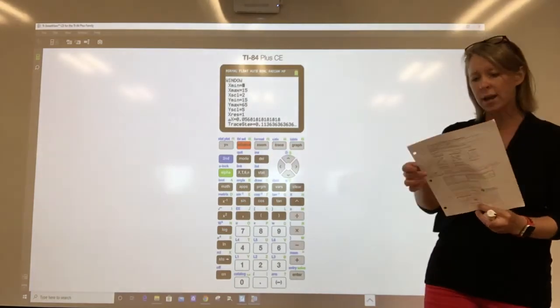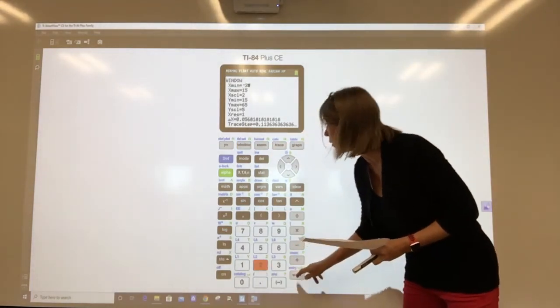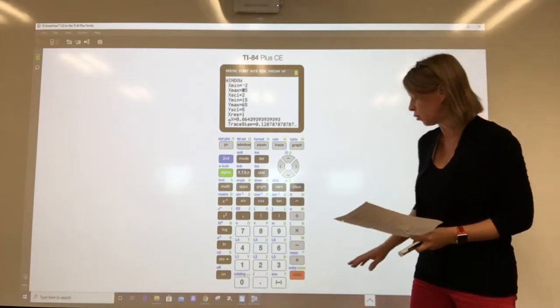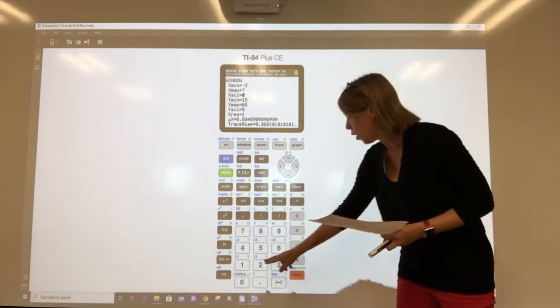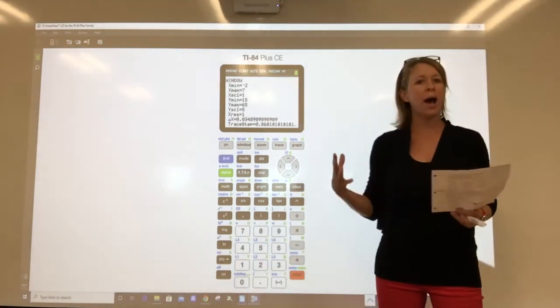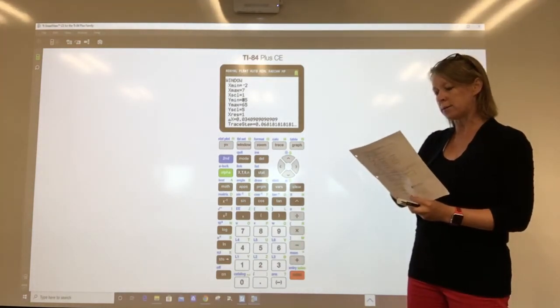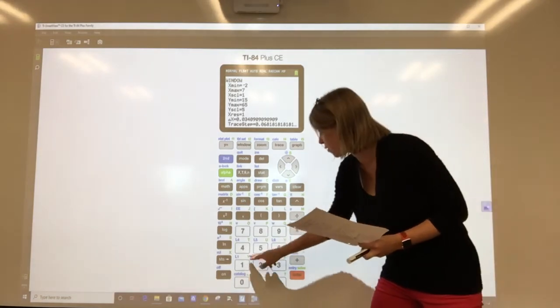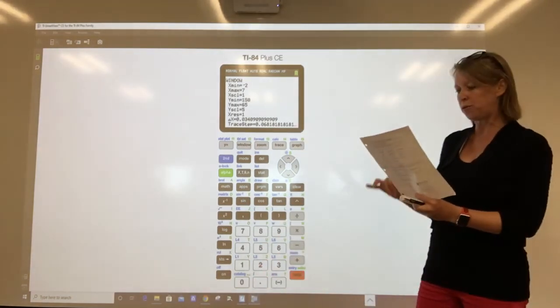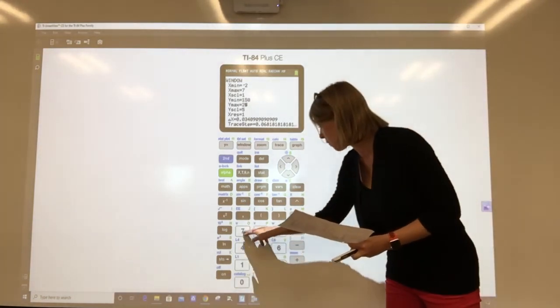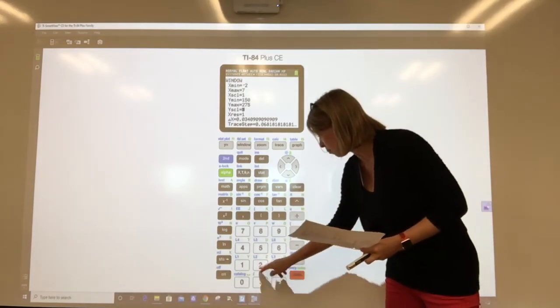The smallest X value was 0, so I'm going to go a little bit smaller than that and say -2. And the highest X value was 5, so I'm going to go a little bit higher than that and make my X max 7. Okay. My lowest Y value was 154, so I'm going to go 150, and the highest was 273, and I think I'm going to count by 20s.